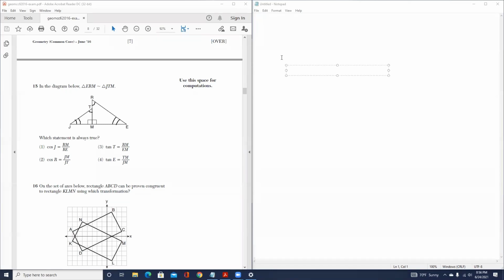In this case, we have that cosine of J is equal to JM over TJ, but we know that because angle E is equal to angle J, and cosine is a function of an angle, that means that cosine E must be equal to cosine of J. Cosine of E is equal to ME over RE.